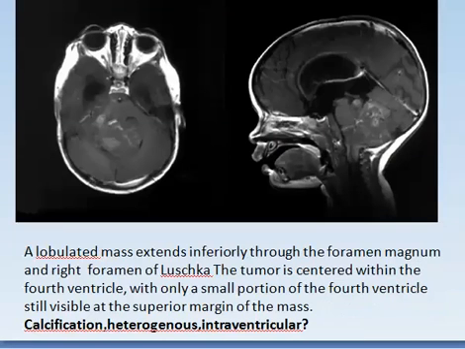Here is another ependymoma, a lobulated mass extending inferiorly through the foramen magnum. This mass is extending into the foramen magnum and the right foramen of Luschka.